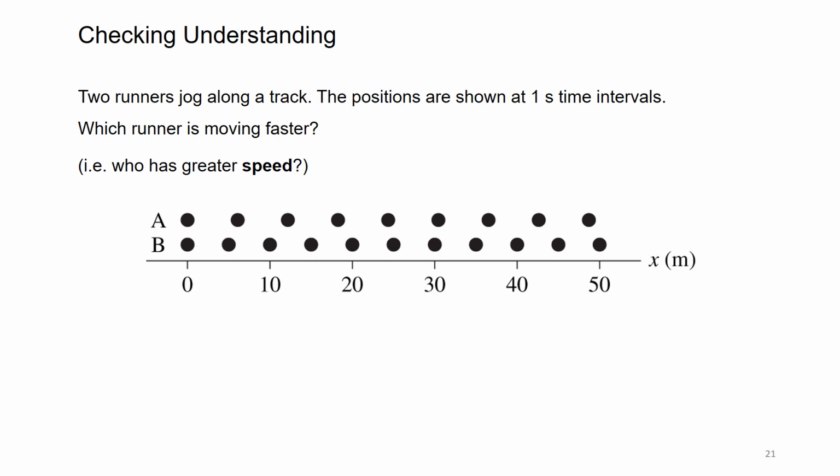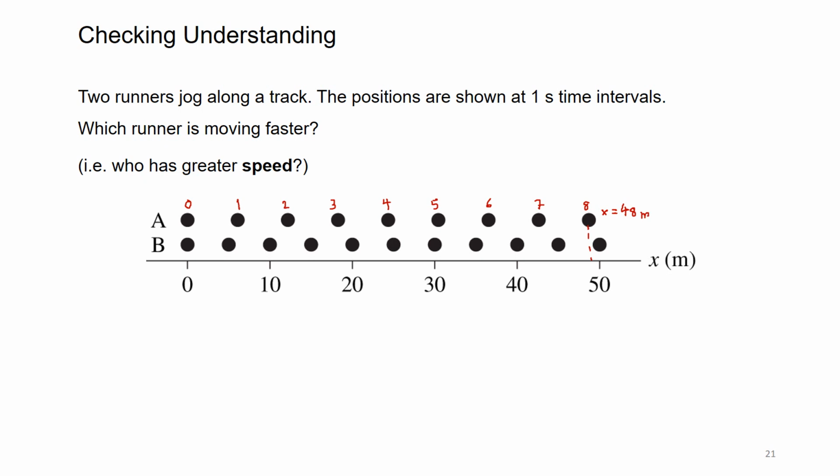This is time 0, 1, 2, 3, 4, 5, 6, 7, 8. So we have for runner A 8 seconds, and the final position, let's say, is 48 meters. Just make up a number, 48 meters. You can see it's pretty close to 50, so might as well.